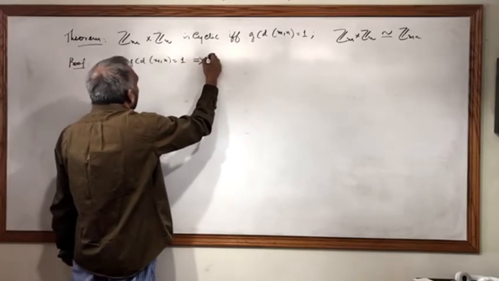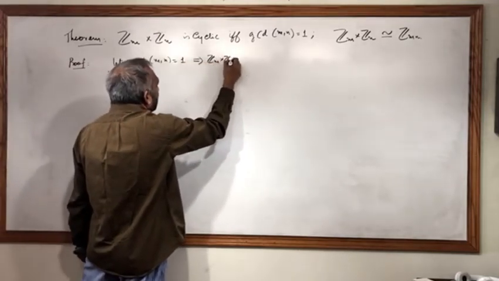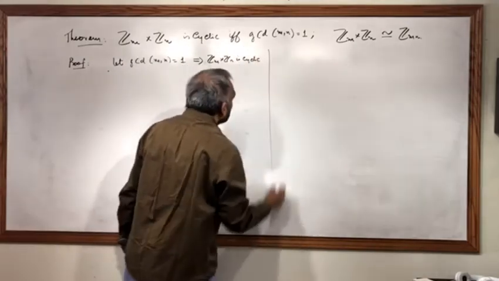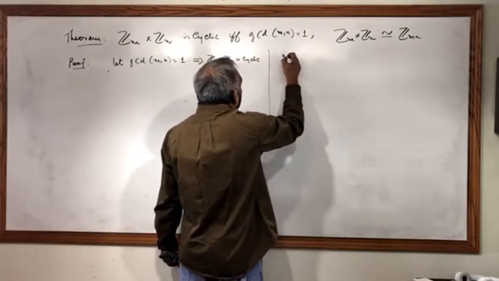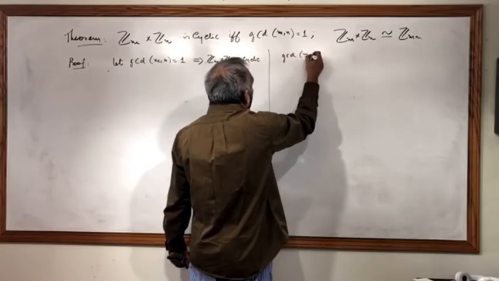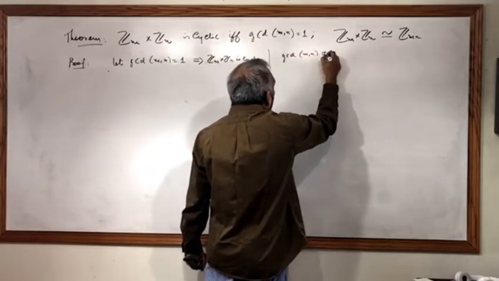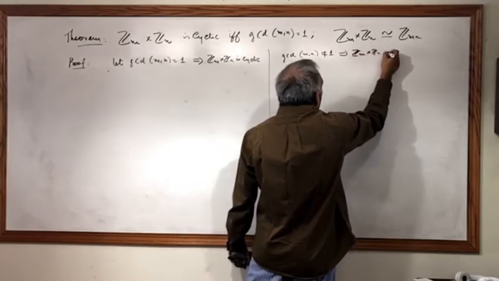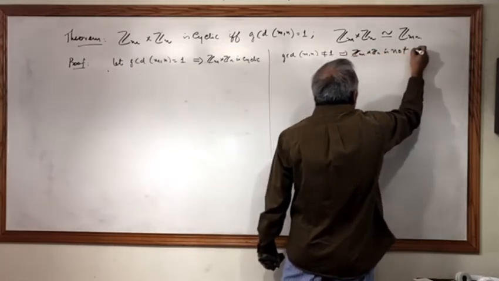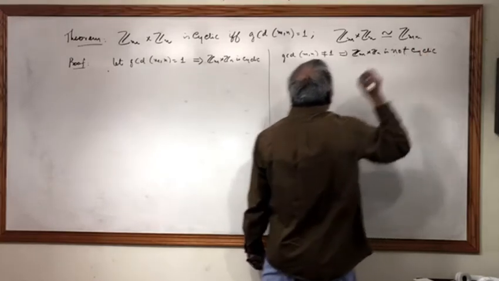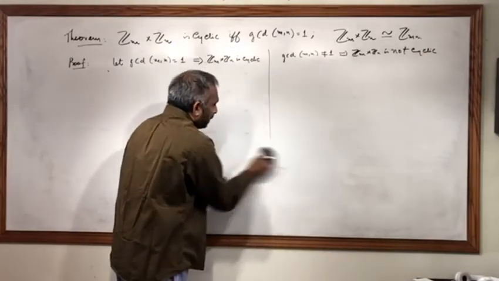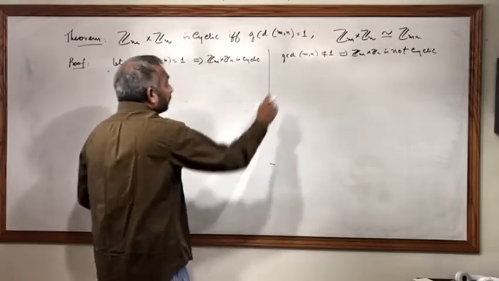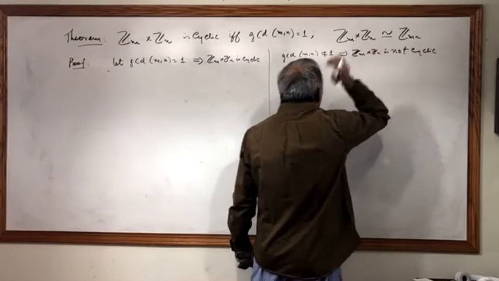Then that should imply Zm cross Zn is cyclic. That is one part. The second part is GCD of m, n not equal to 1 implies Zm cross Zn is not cyclic. And once it is done, then we are going to create an isomorphism here to show that these two are isomorphic.